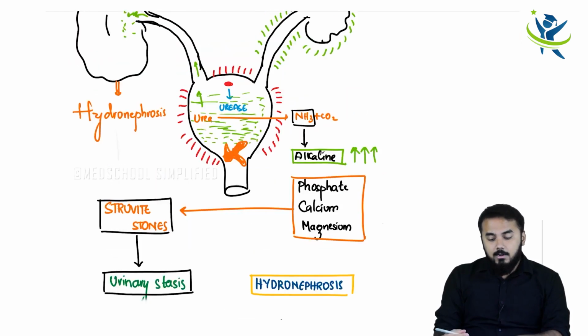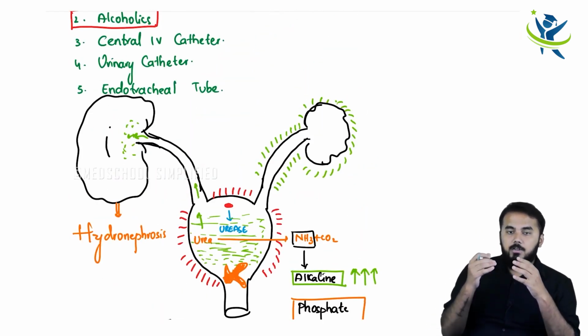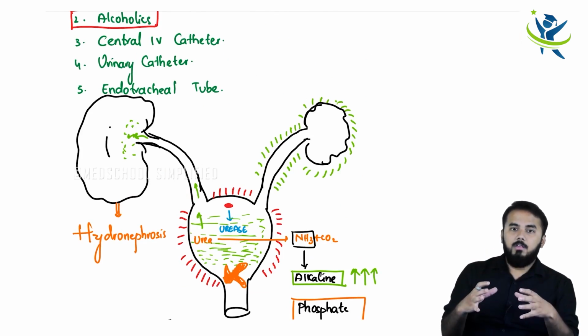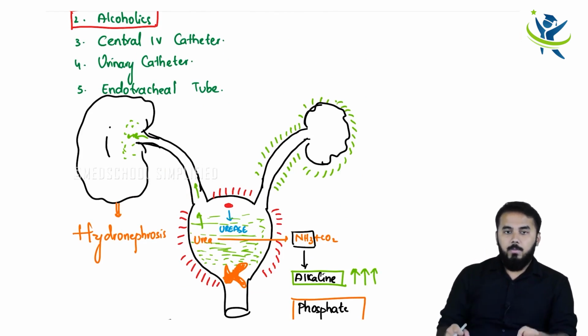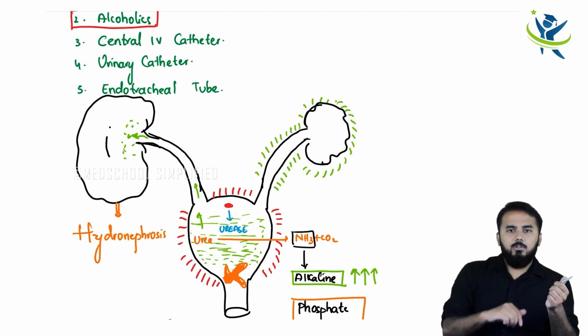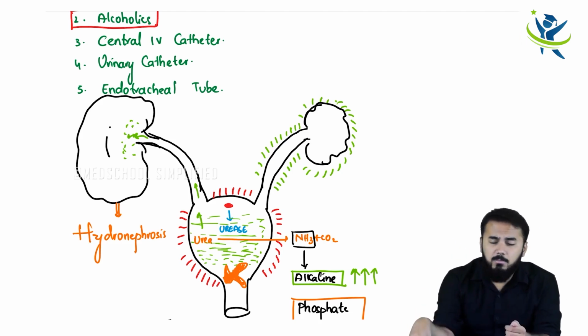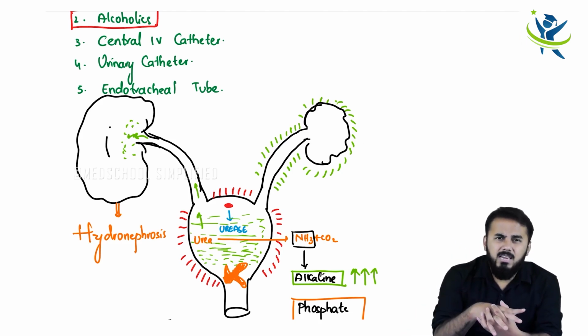Okay. So these are all the things that are associated in the patient with the bacteria in the urinary bladder, right? For example, if you are putting a Foley's catheter into the patient, and if after 2 or 3 days the patient is complaining of severe burning sensation, severe pain, then you need to think there might be an infection, because Foley's is a very good way to directly send the infection into the urinary bladder.